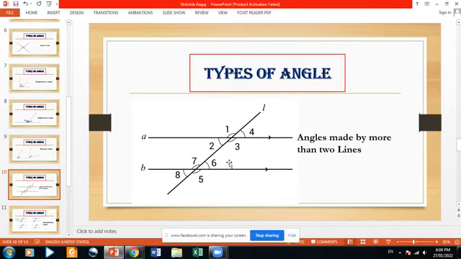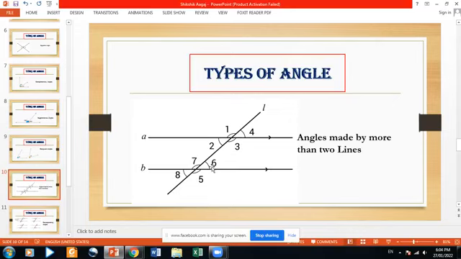We will search for the pairs of opposite angles. It will be angle 6 and angle 8, angle 5 and angle 7. These will be the 2 pairs of opposite angles. Now we will find the pairs of supplementary angles. Here we found 4 pairs of supplementary angles.